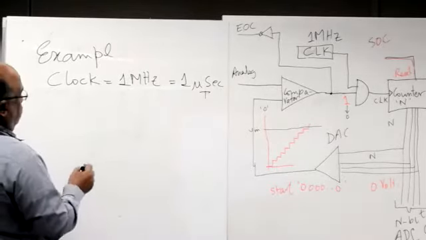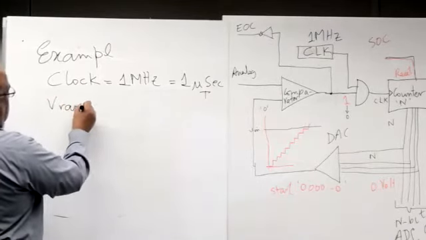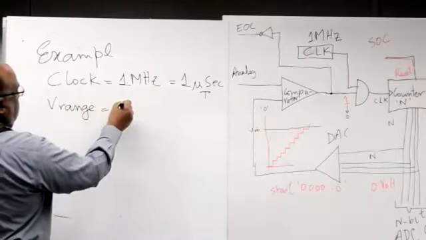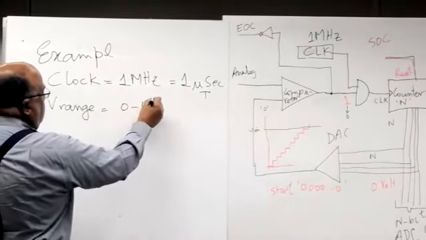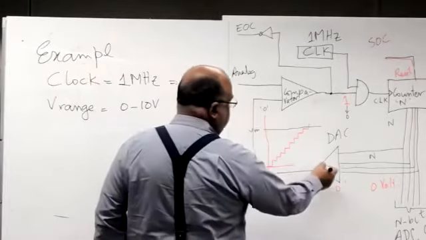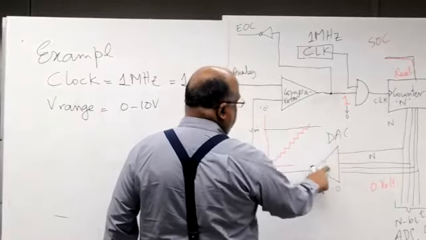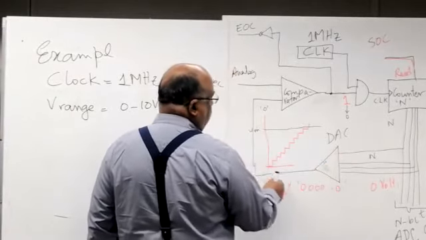So say for example, V range is 0 to 10 volt. That is basically the range of this DAC. The output can go from 0 to 10 volt.